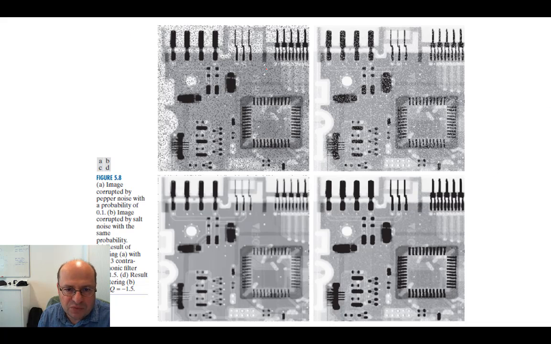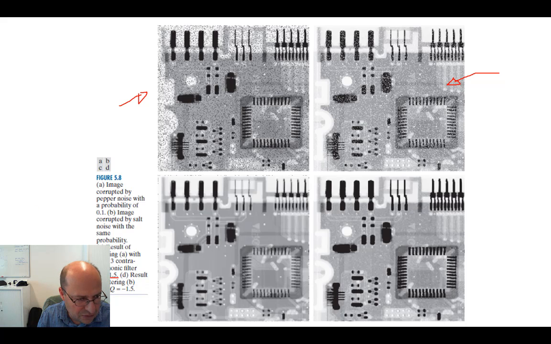So this is an image corrupted by salt and pepper noise. And this is the effect of applying a contraharmonic filter with Q 1.5.